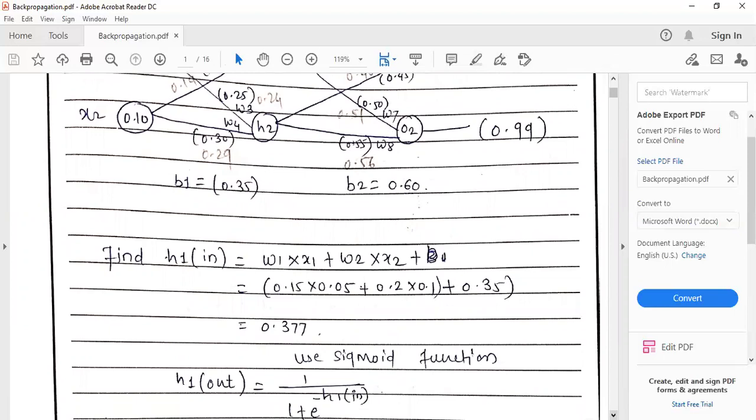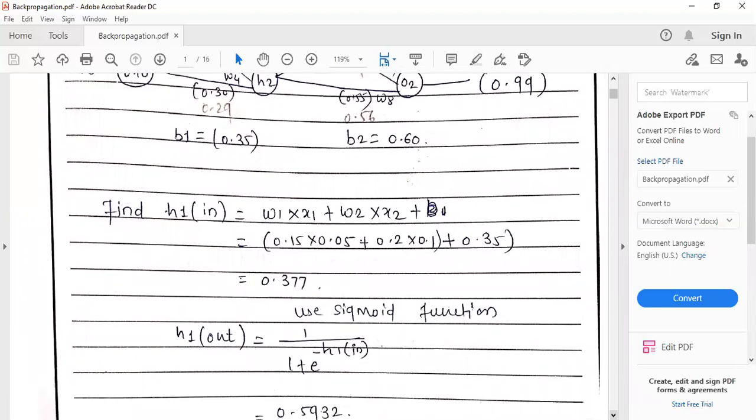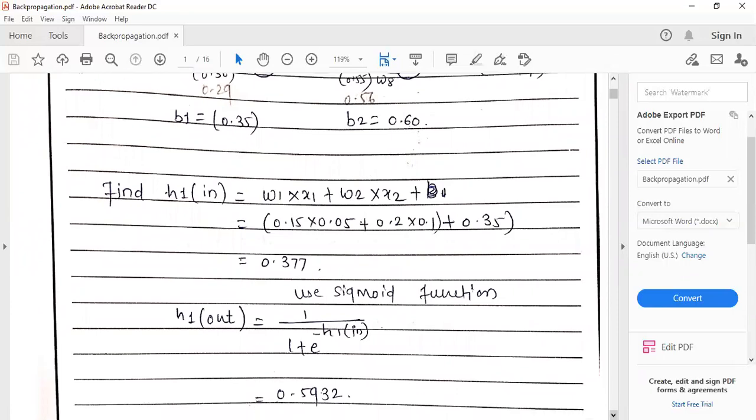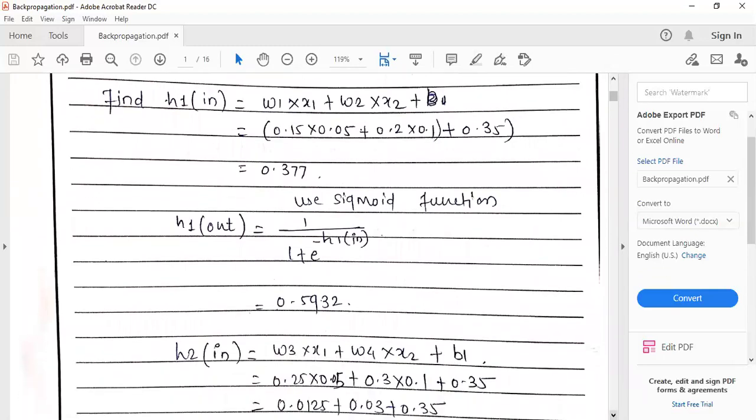Now the value going out from H1 you have to calculate by using the sigmoid function, and the sigmoid function is 1 divided by 1 plus e raised to minus h1 in. The h1 in value you have just calculated, just put the values, and you will be getting 0.5932.